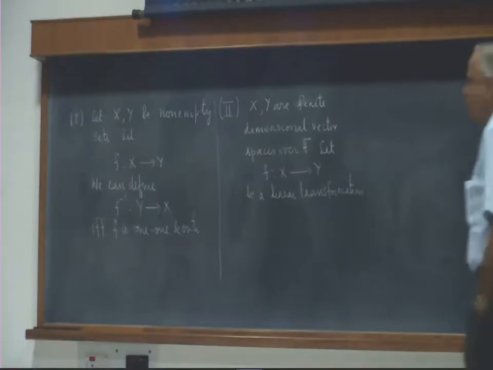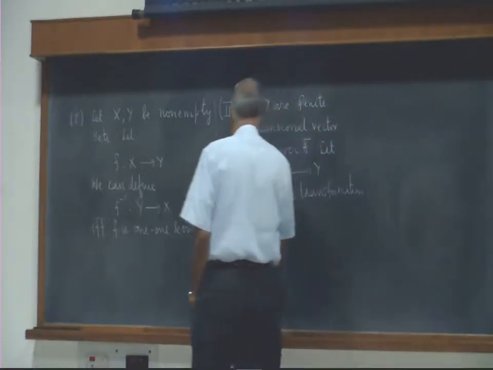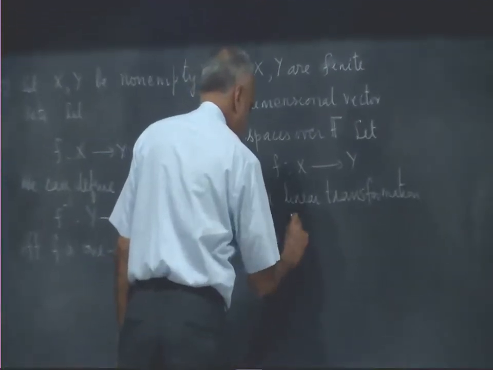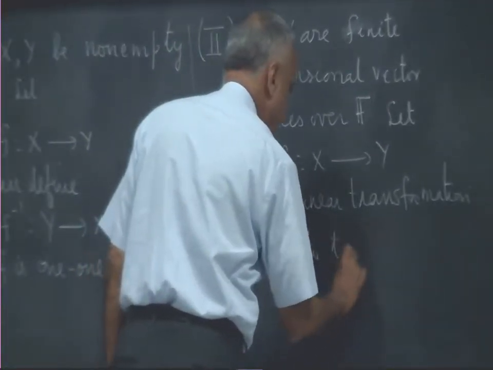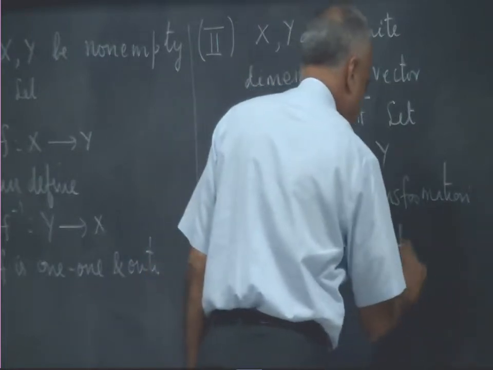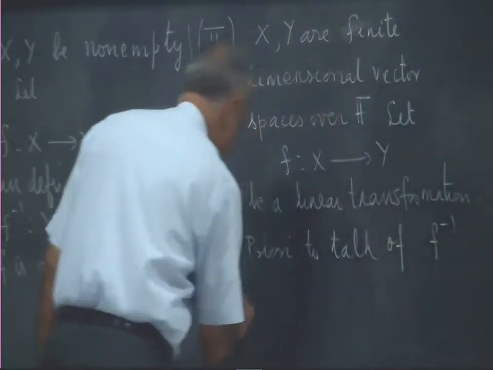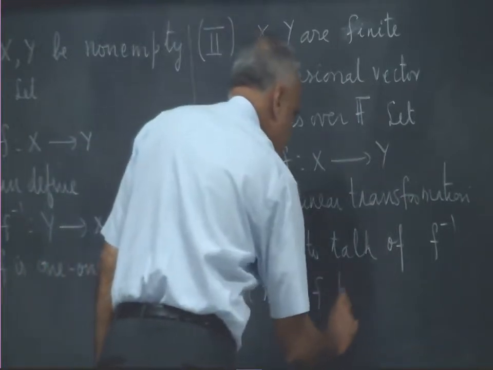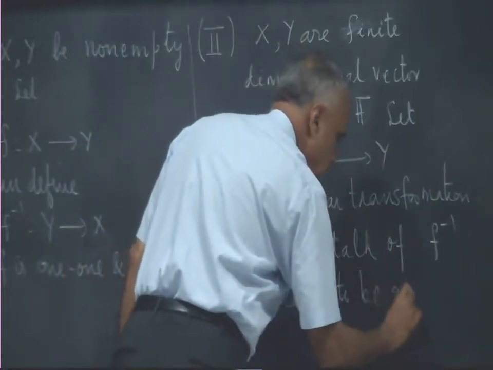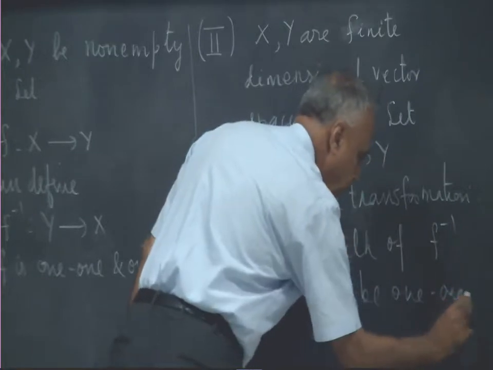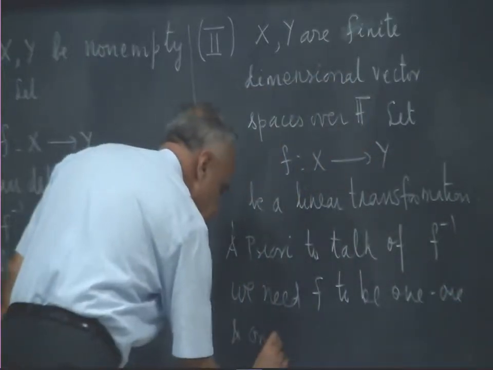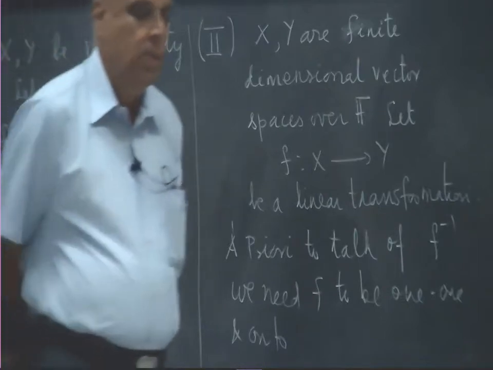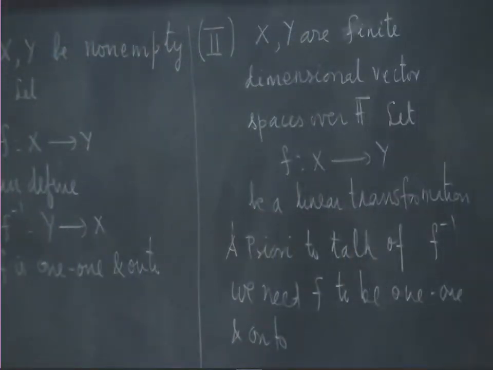But let us look at this a little bit more carefully. A priori, to talk of inverse, we need f to be one-one and onto. So let us say we have a one-one onto map.